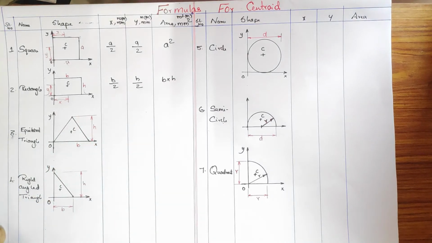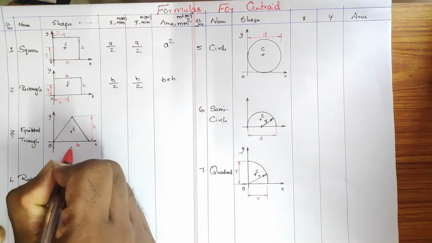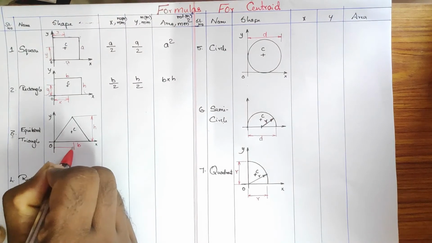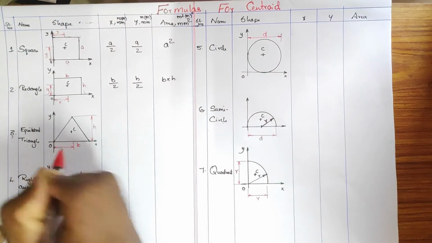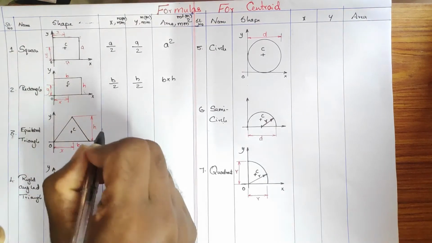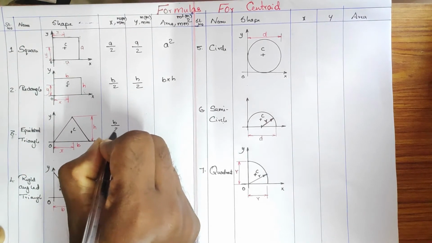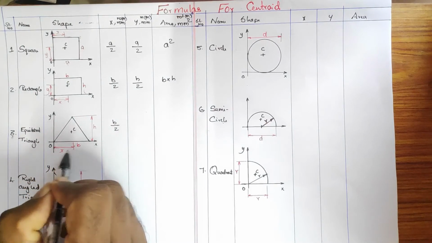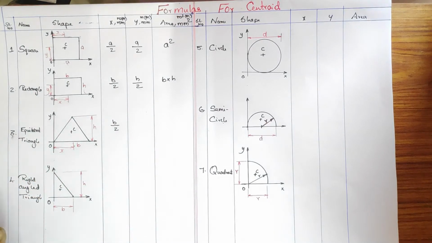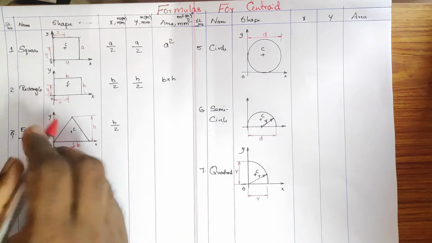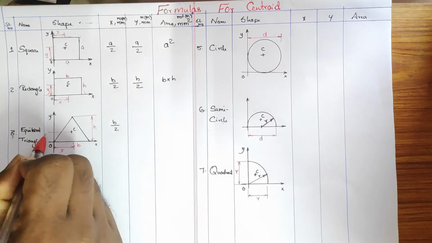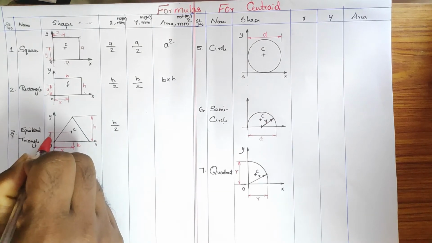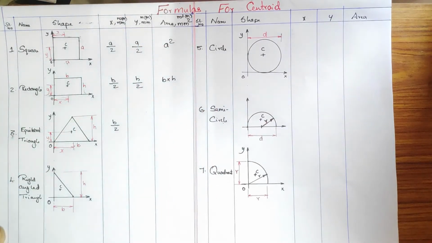When you are plotting the centroid in the x direction, the measurement will be B by 2, length divided by 2, the mid of the x direction. And in the y direction, when you plot it, this is the y distance. So this y can be calculated.